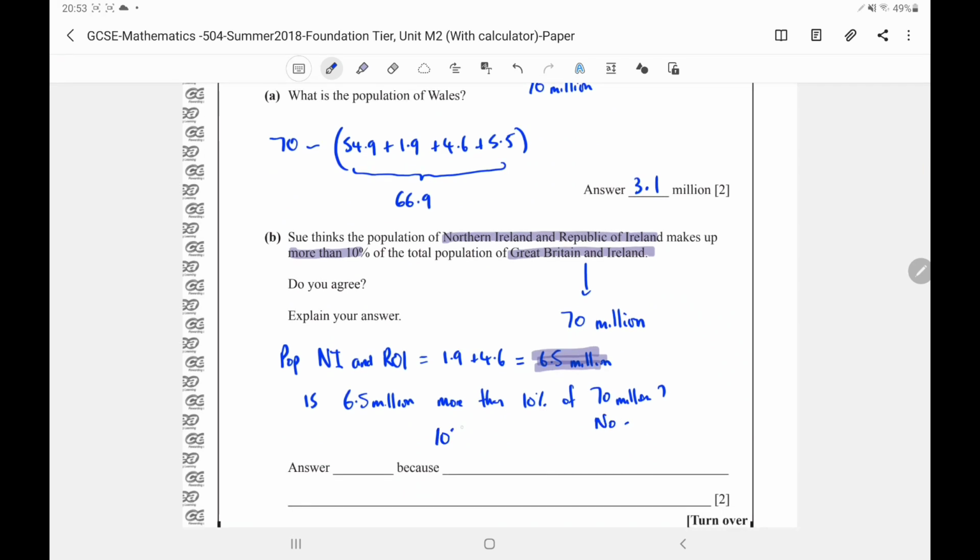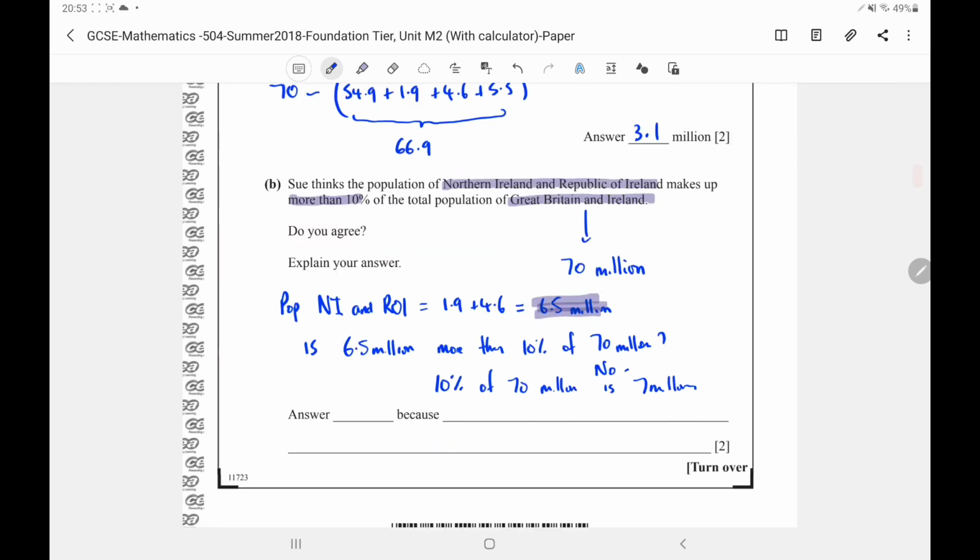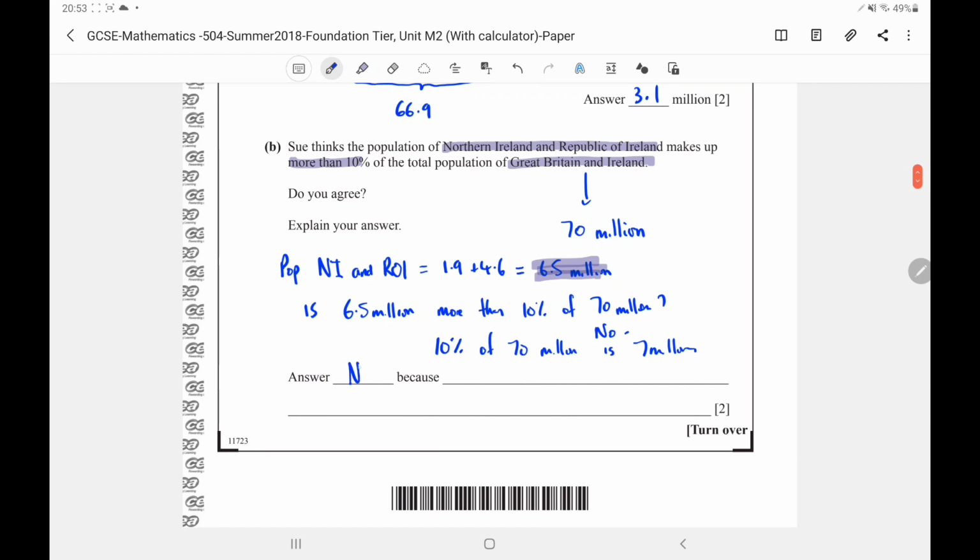The answer is no, because 10% of 70 million is 7 million. So, for a proper answer here, no. 10% of 70 million is 7 million, which is greater than 6.5 million.